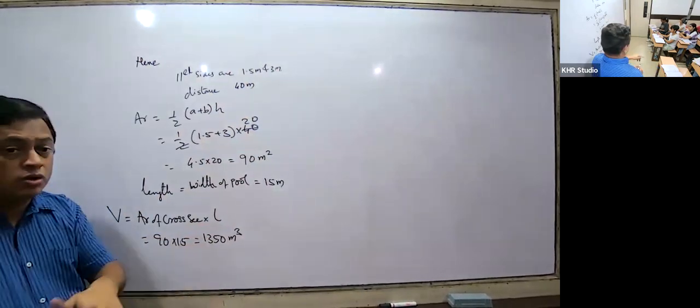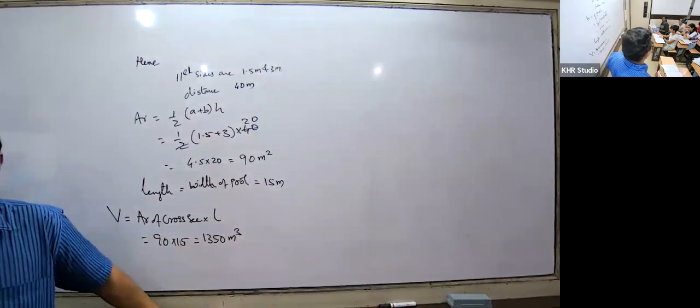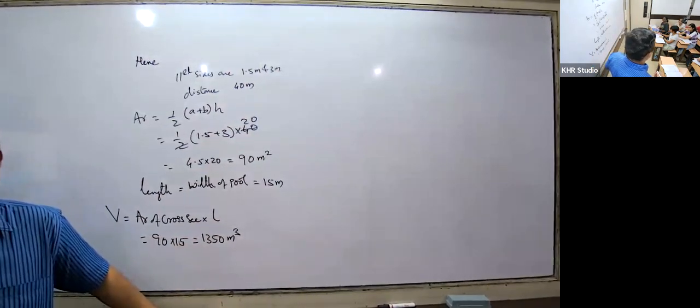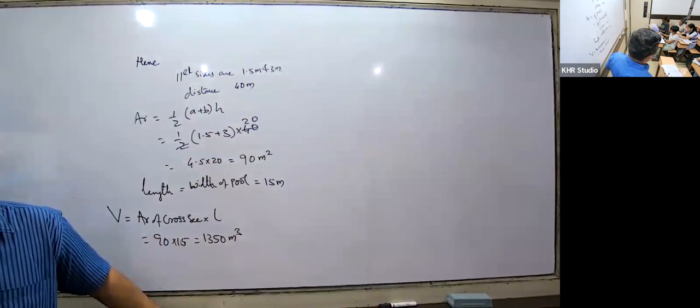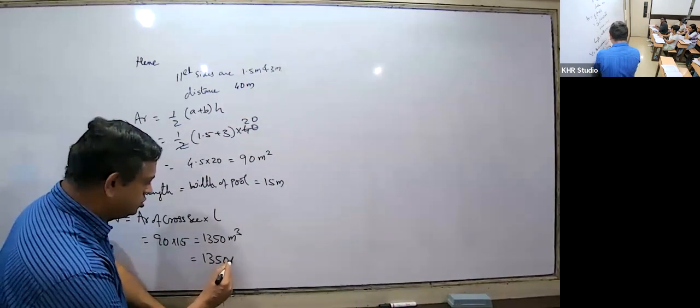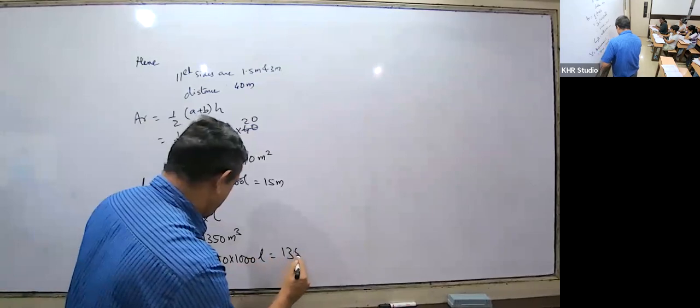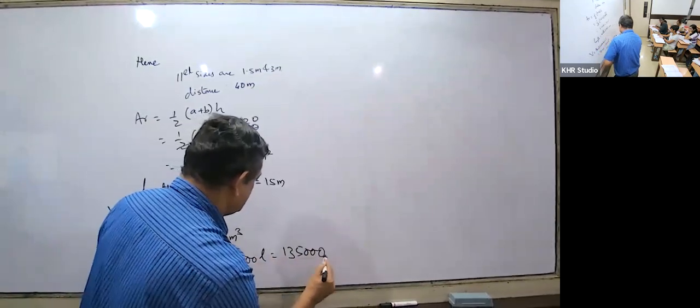Now your answer should be in liters. How will you convert this into liters? Last class I gave you the knowledge: 1 meter cube is equal to 1000 liters. So 1350 into 1000 liters. 135 and how many zeros? 4 zeros.